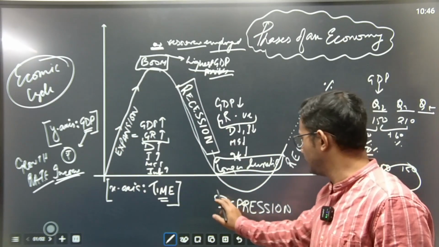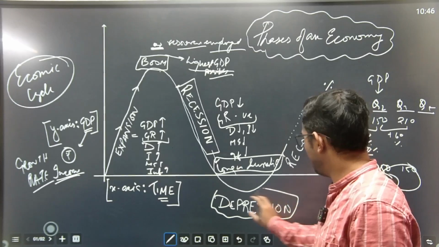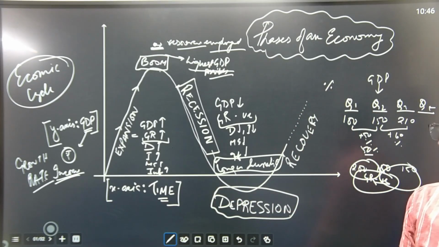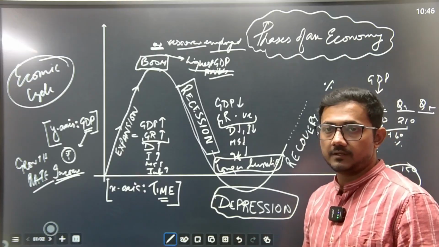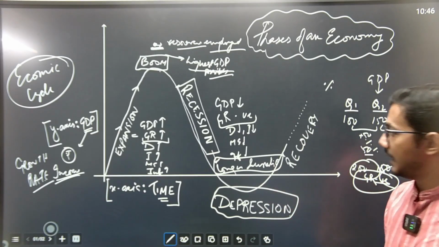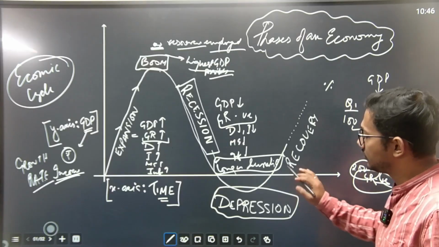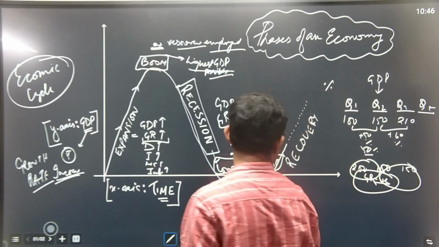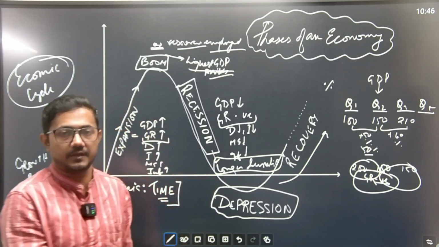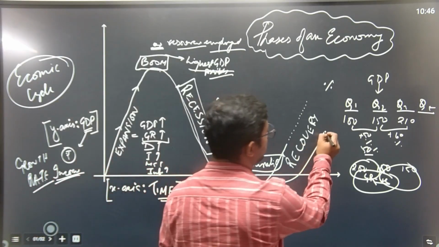Then that recession will turn into a severe form, known as depression, where economic activities fall below the normal level. And the last one, when the economy starts moving upward from a recessionary or depressionary phase, is known as recovery.